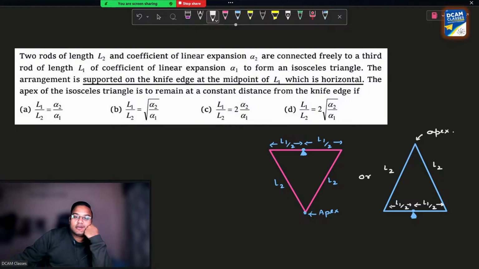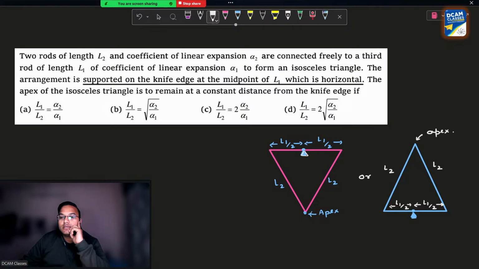See, let me give you the concept of how you will be thinking to solve it. They have given that the apex of the isosceles triangle is to remain at a constant distance from the knife edge. Suppose I have given this distance as x naught.